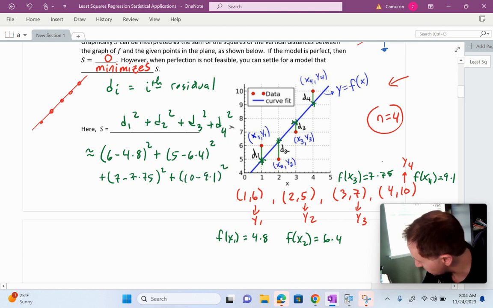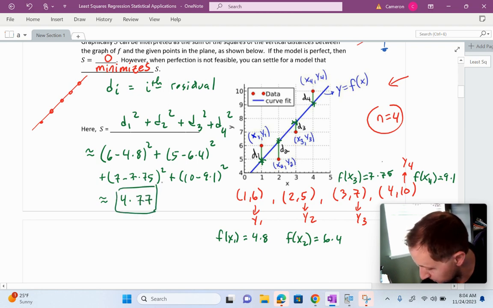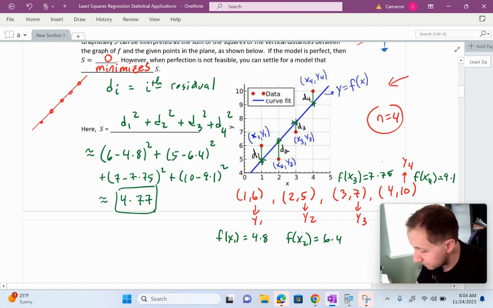If you throw that into your calculator, you get about 4.77. And so this would be the minimum sum of squares, and this model would be the one that best approximates the data, at least for a linear fit.